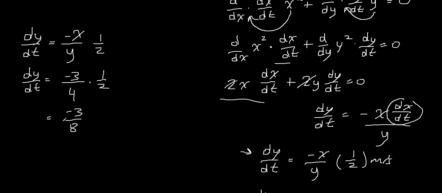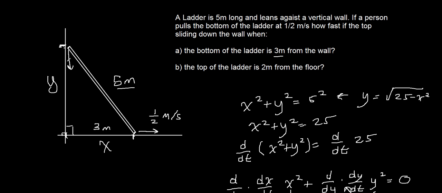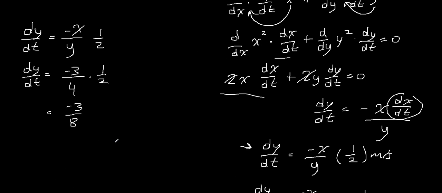And here's the tricky part, you have to remember what your units were. So if this is in meters per second, this is likely going to be in meters per second. So yes, negative 3 over 8 meters per second.